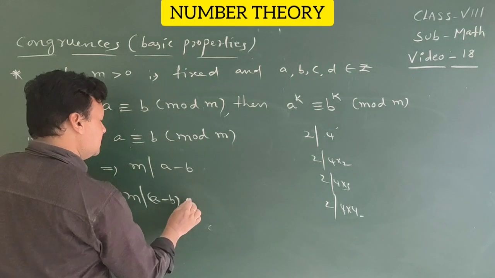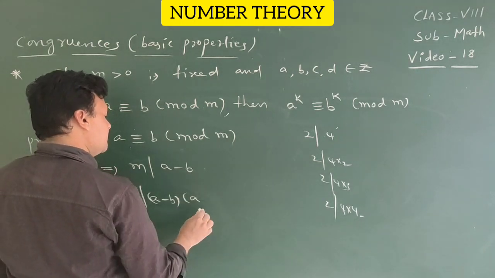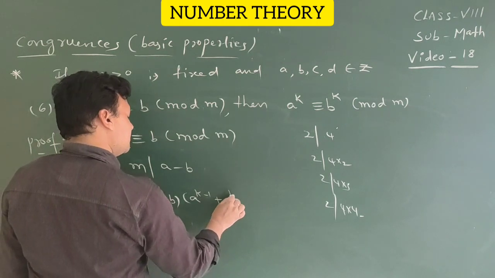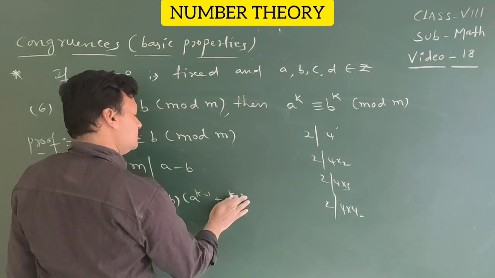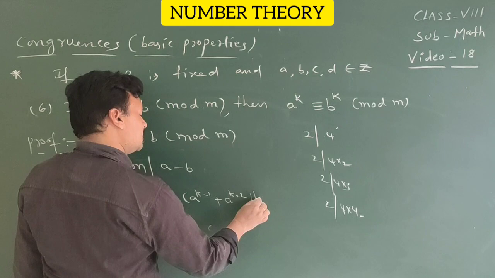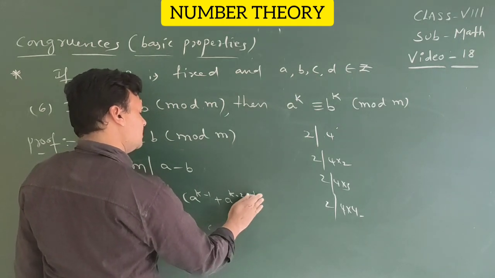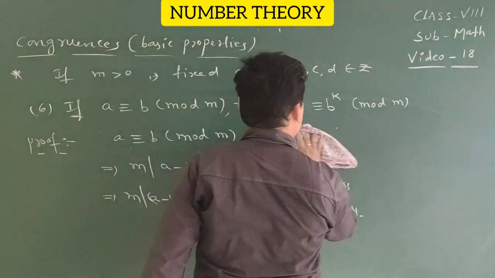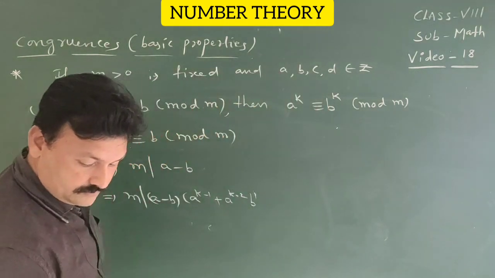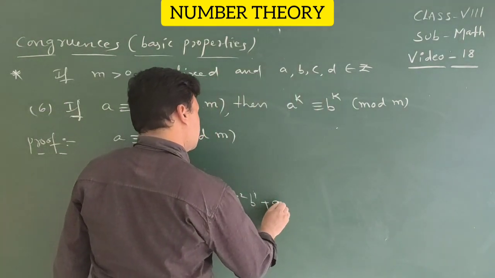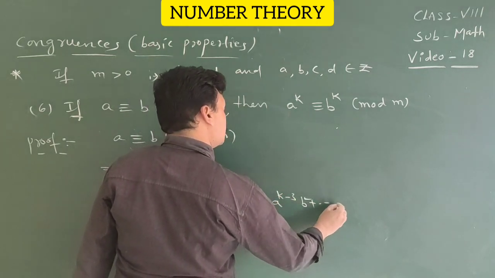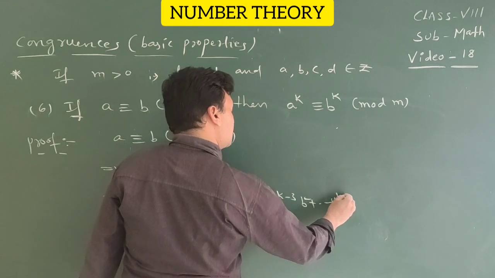That something is A power K minus 1 plus A power K minus 2 into B power 1 plus A power K minus 3 B square and so on, at last B power K minus 1.